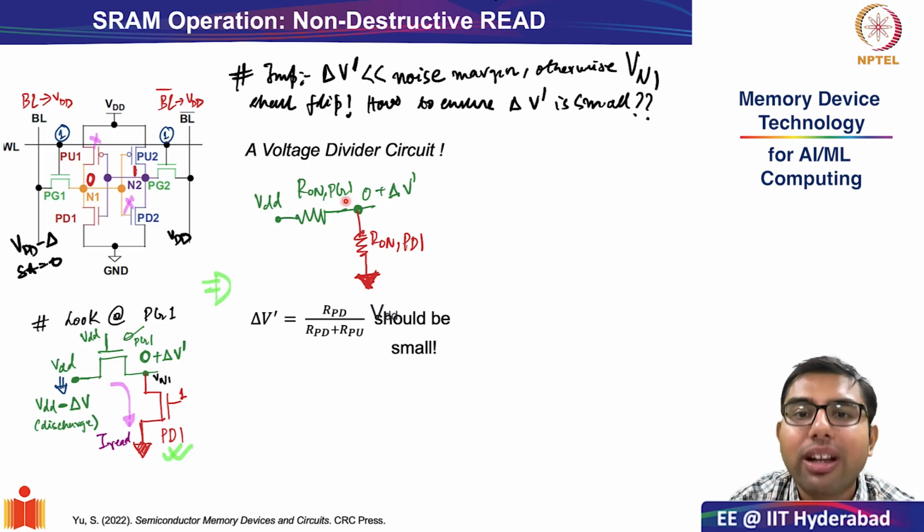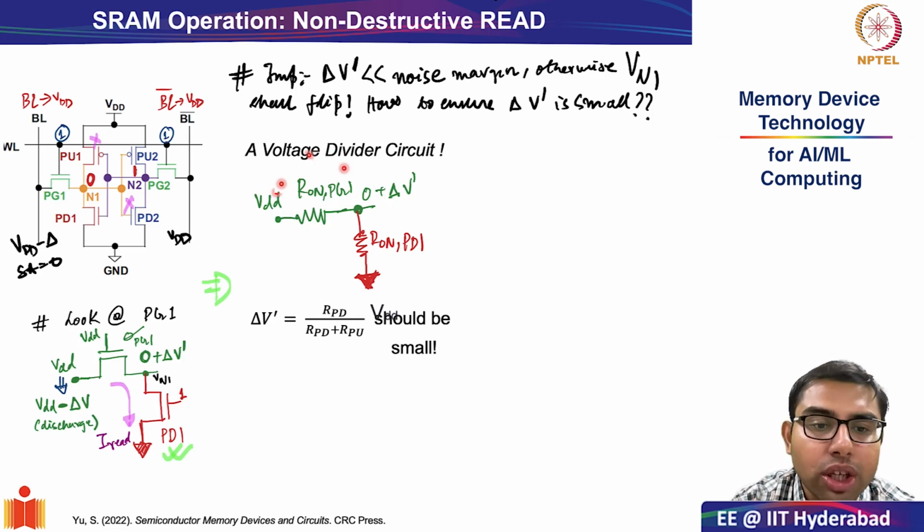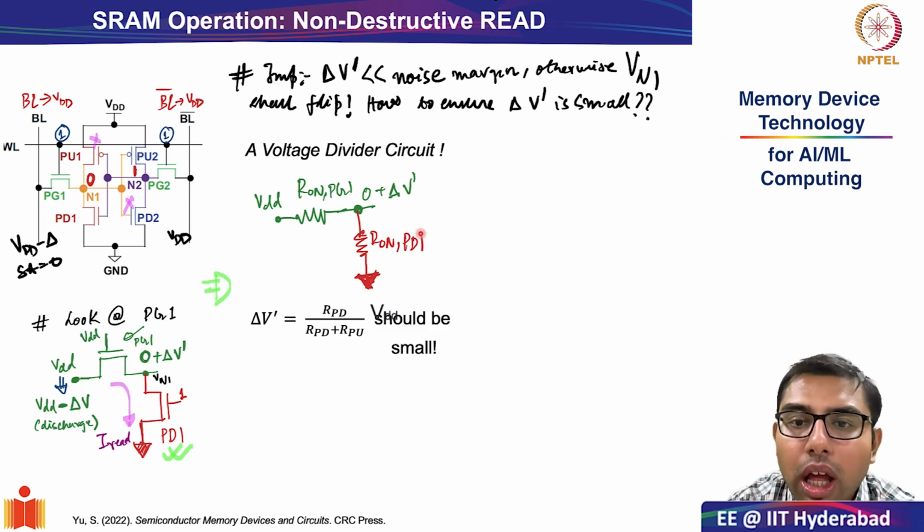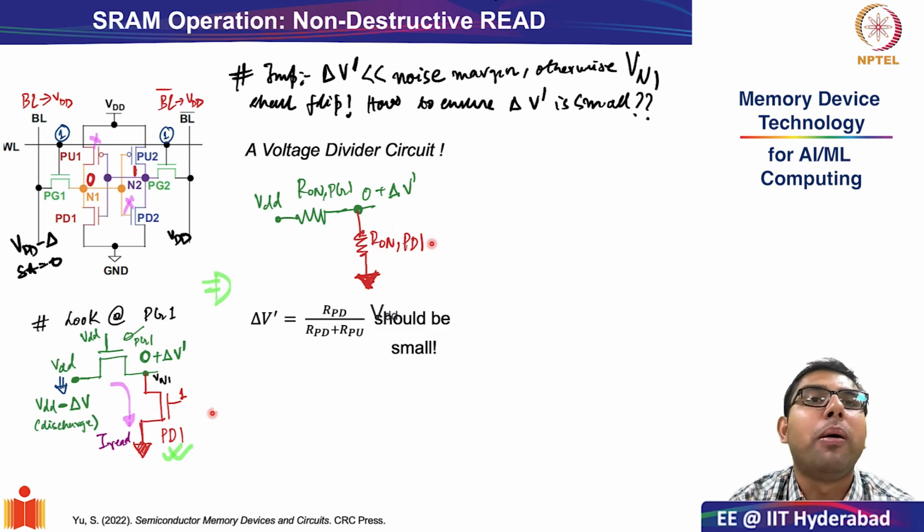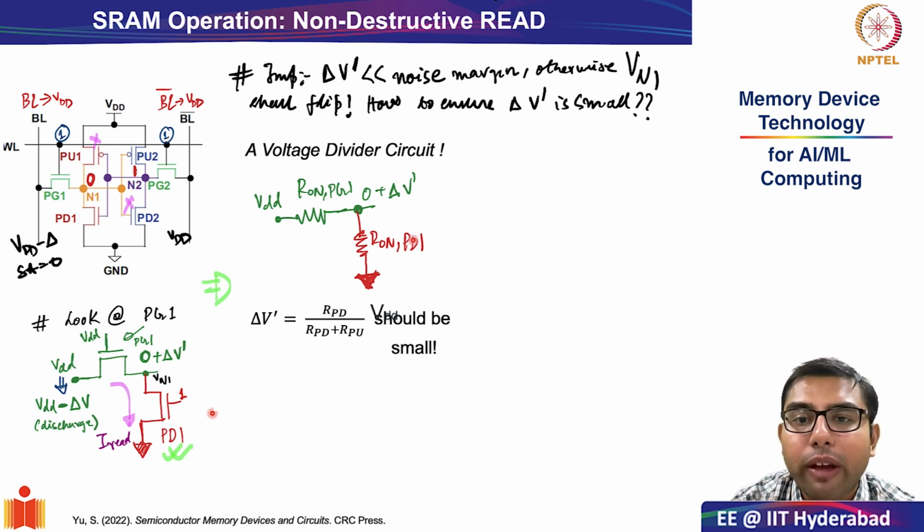So the on-state resistance in this case for PG has been termed as R-on of PG1, and for PD1 has been termed as R-on of PD1. Okay, so if we look at the voltage divider circuit, you see that one end is VDD, another end is 0, and the storage internal node is 0 plus delta V dash.